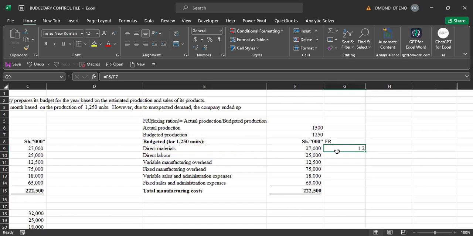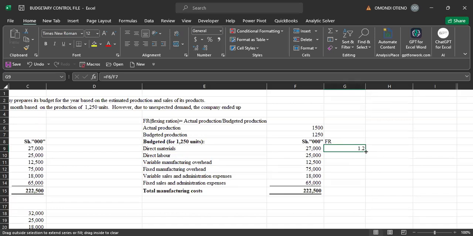So do we need flexing ratio for the direct material? Confirm there. Do we really need flexing ratio for direct material? Are we going to apply it here for the direct material? Yes. How about direct labor?